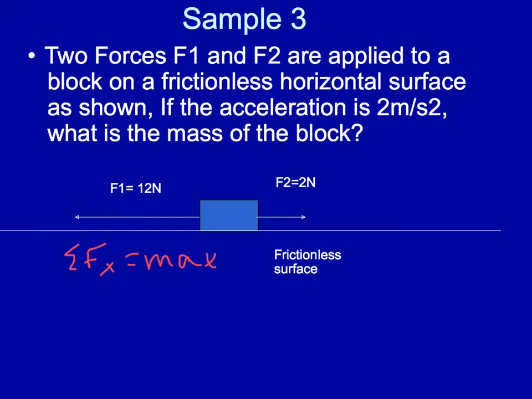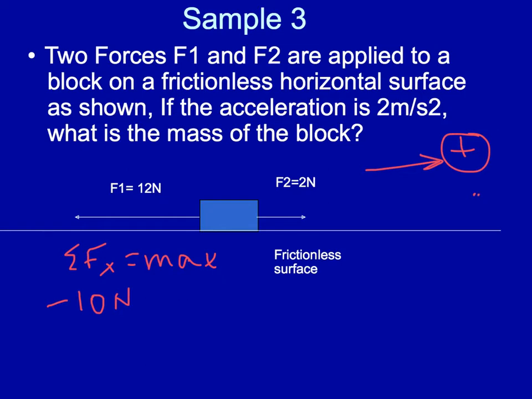Just for fun, I'm going to say that this direction is positive. Again, you choose positive or negative, so you can do either one. The sum of the forces in the x direction is negative 10 newtons, 2 minus 12. And because I chose this as my positive direction, it's negative.